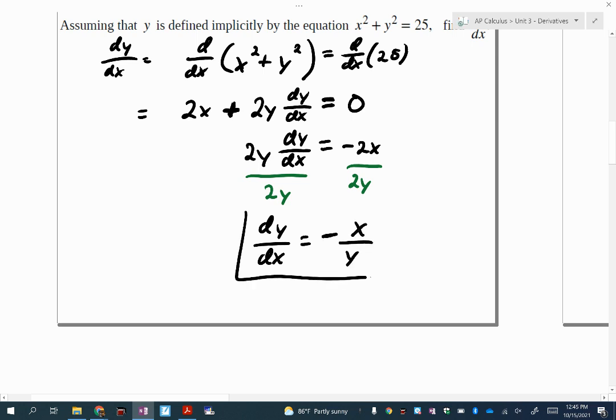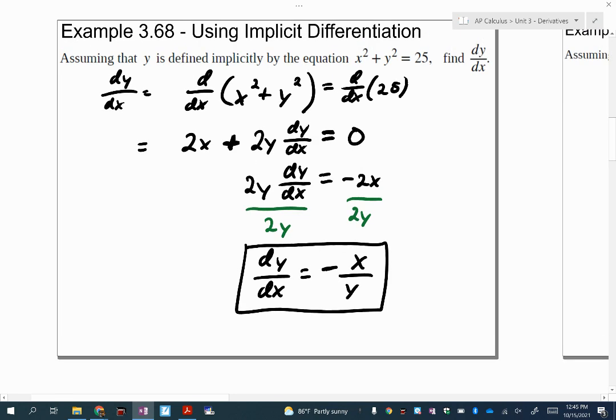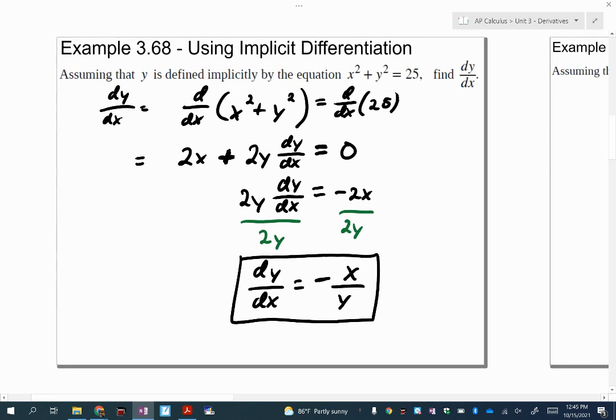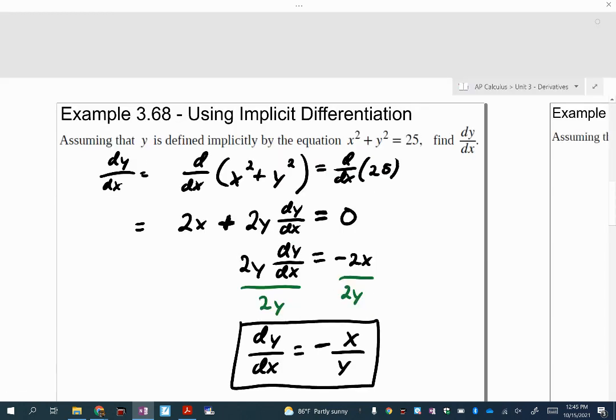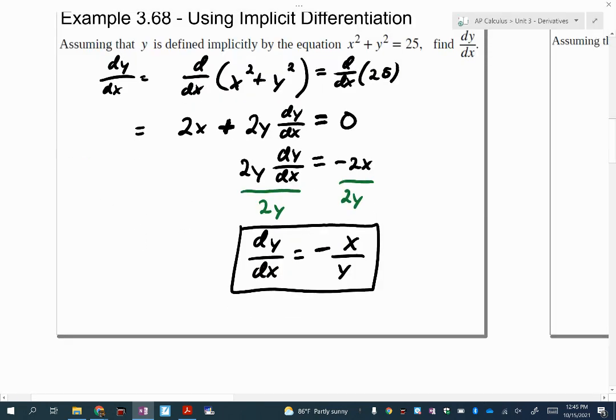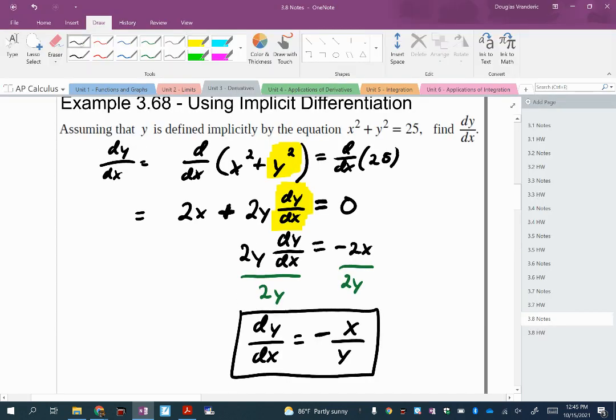So this is dy dx. So that was your first example of what's called implicit differentiation. So really the most confusing thing here is that whenever you do the derivative of the letter y, like here, the derivative of y squared, you have to include that dy dx piece. All right, so keep that in mind moving forward.